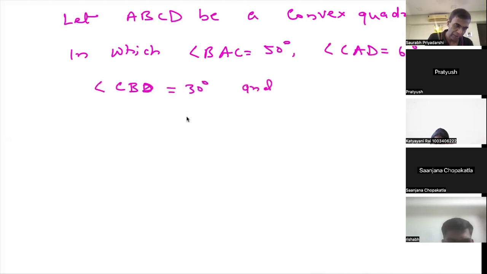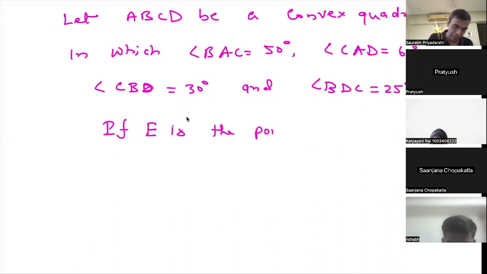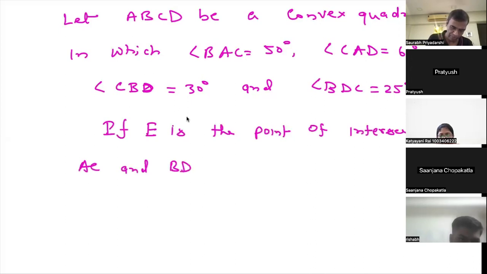And the last angle given is angle BDC equal to 25 degrees. If E is the point of intersection of AC and BD, find angle AEB.